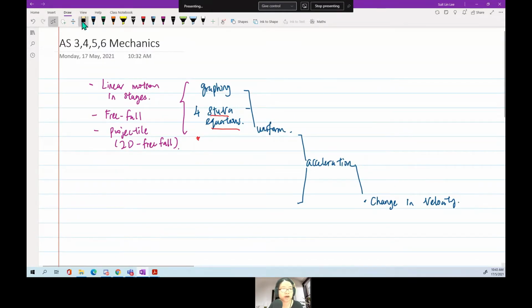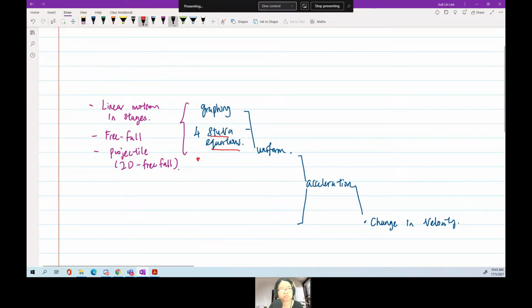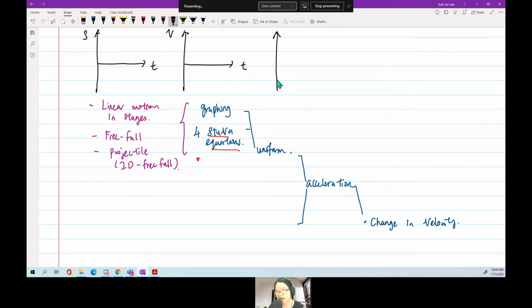Because when you think about the graph, right, you will have your displacement time, velocity time, and acceleration time. But my friends, the x-axis doesn't always have to be time. It can be distance, as you will see while you do past year questions. It can be distance traveled. I think that's the only variation lah.